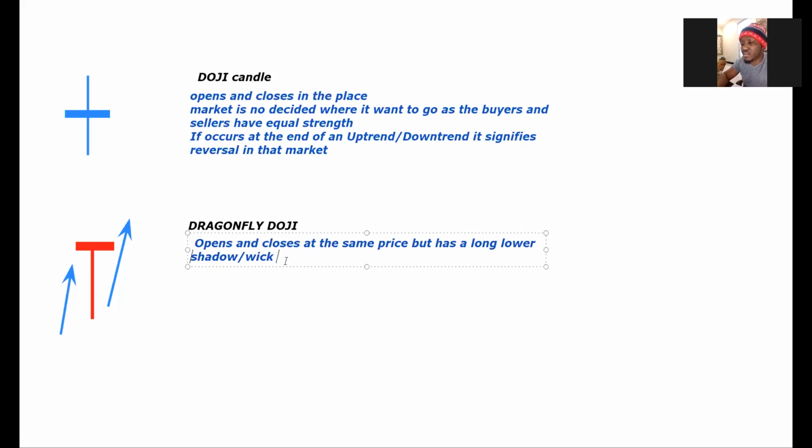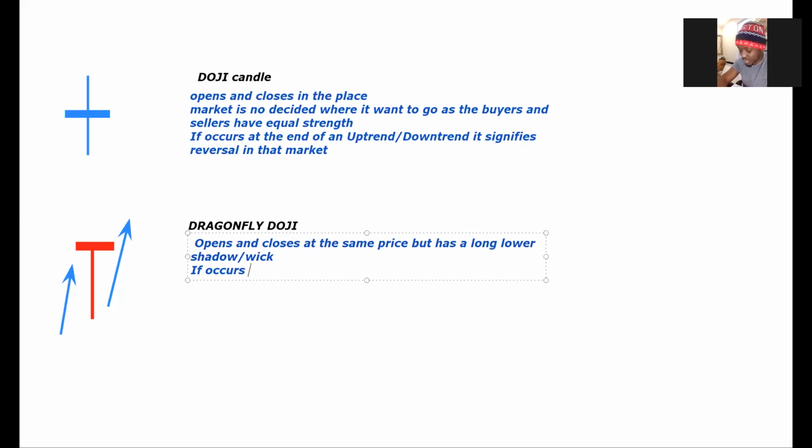The position of these candlesticks is very, very important, because if you see this in the middle of a trend, it's not going to mean the same thing.